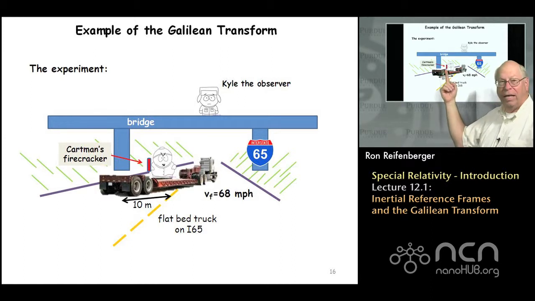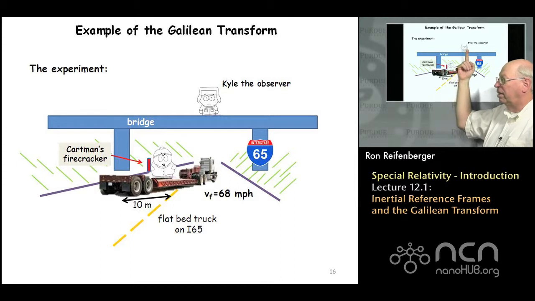Now he's going to light that firecracker and observe the location when it explodes, and he's going to compare his location to the location of a stationary observer standing on a bridge above the interstate. As the truck goes by, the firecracker explodes. We just want to know where Cartman thinks the firecracker explodes and where Kyle thinks the firecracker explodes.